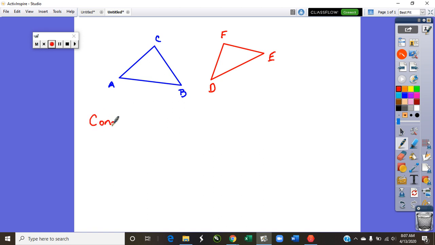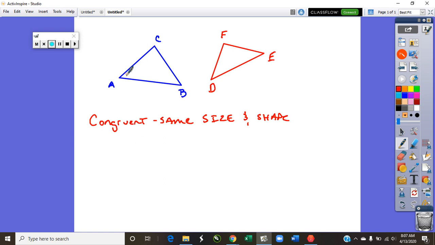Now, when we write a congruent statement, first of all, does anybody remember what congruent means? Congruent means the same size and same shape, and that's between two objects. In this case, we're going to talk about these two objects. When we write a congruent statement, the order that we put the angles is important.